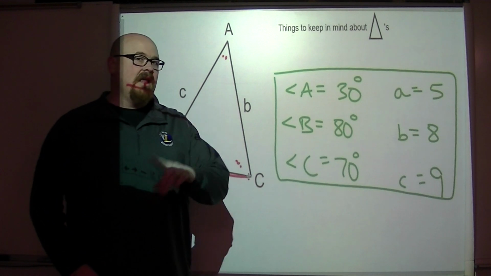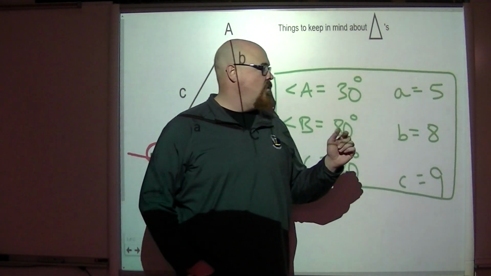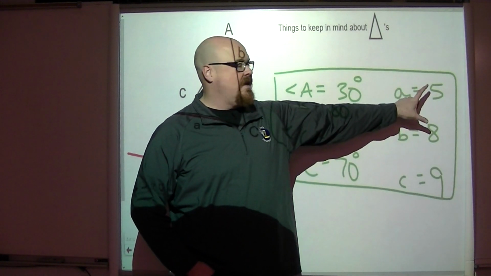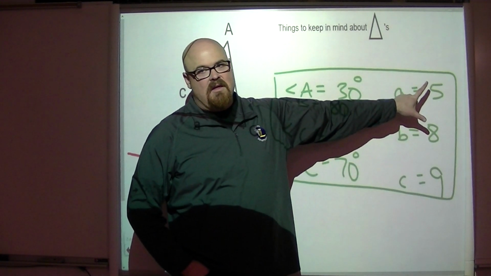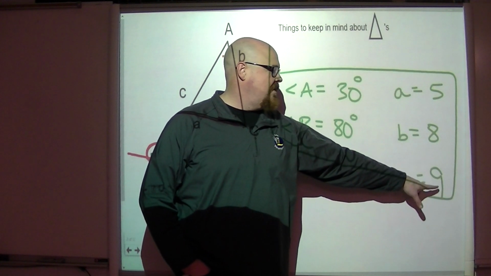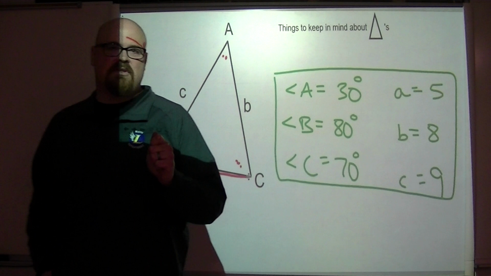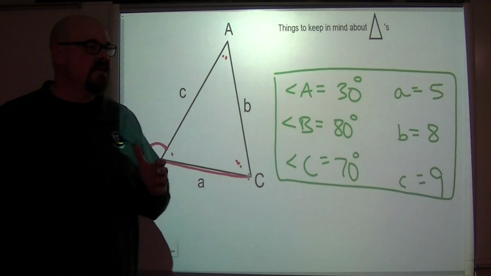Let's talk about the side lengths first, right? In order to create a triangle, the two sides that are the other two sides from a given side, the relationship of those two sides is a big deal, right?